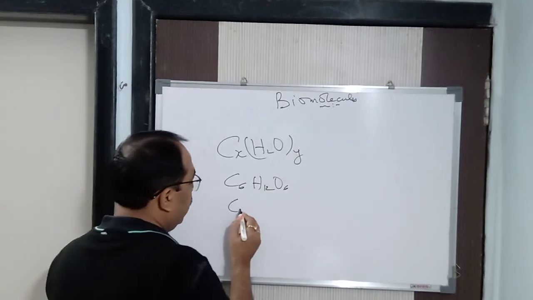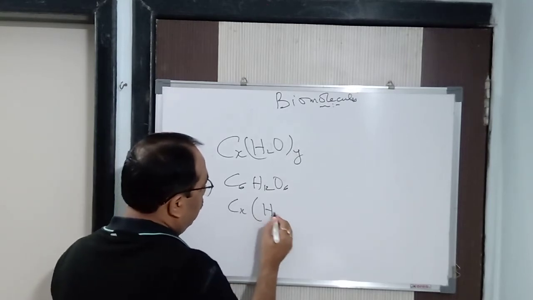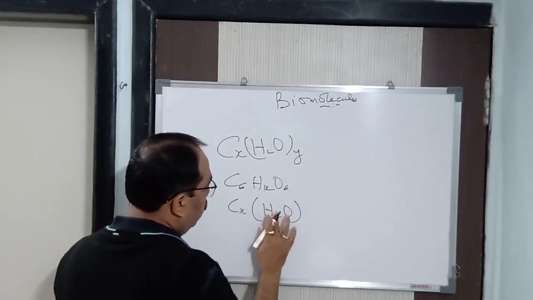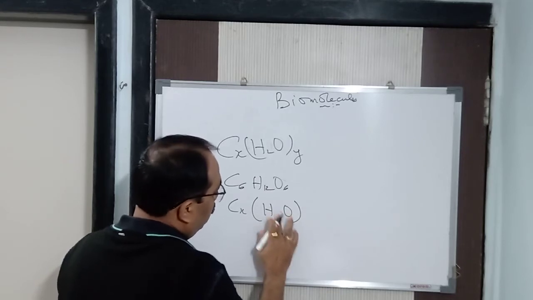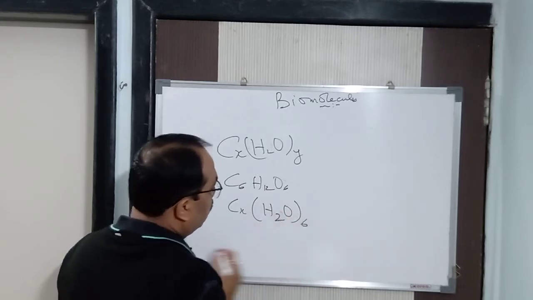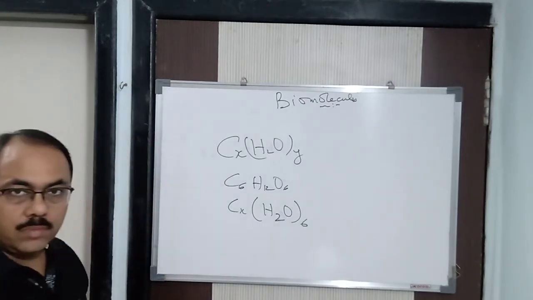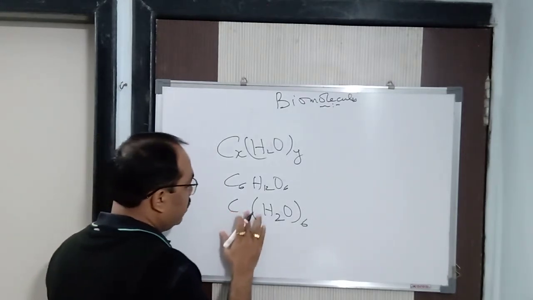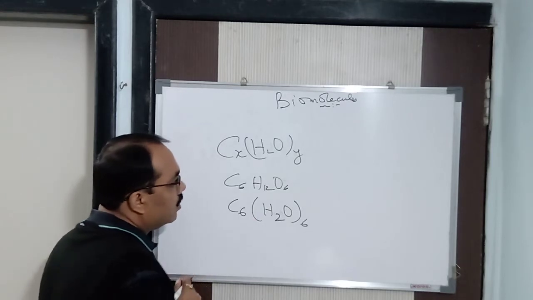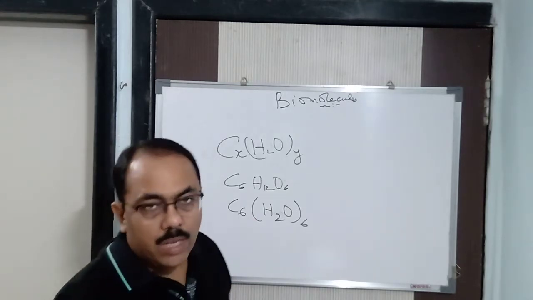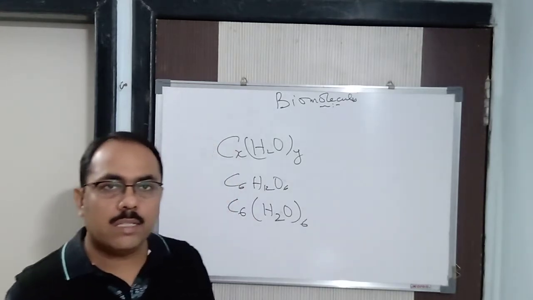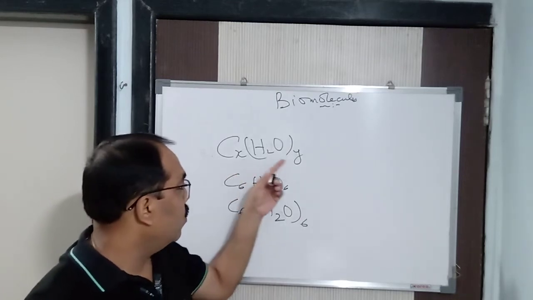I can write it as (CH2O) whole 6, where x is 6. So its general formula is CxH2O whole Y.